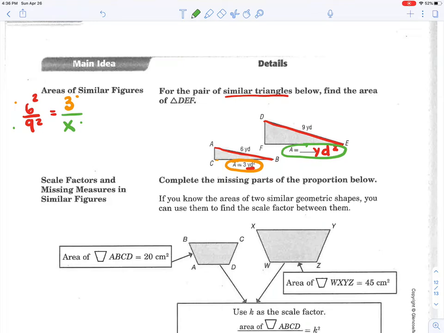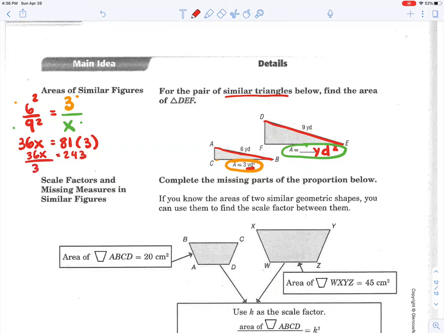Now I can go ahead and solve this like I would any proportion. I can say 6 squared, or 36, times x by cross multiplying 9 squared, or 81, times 3. And now we're just working it out and solving for our variable. 81 times 3 gives me 243.